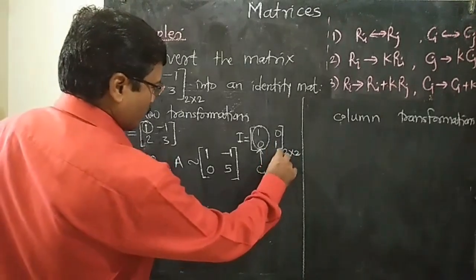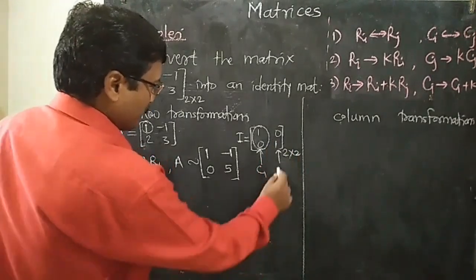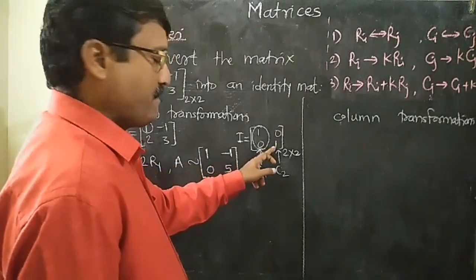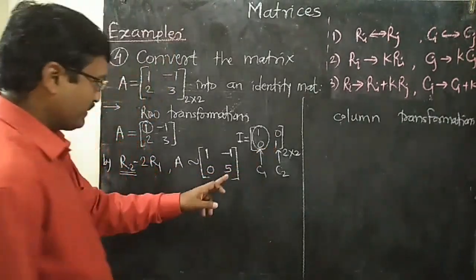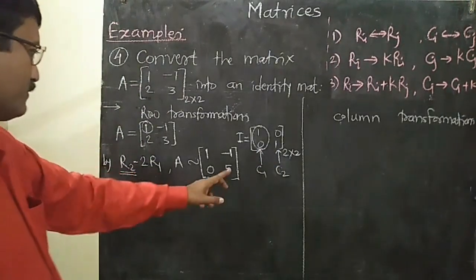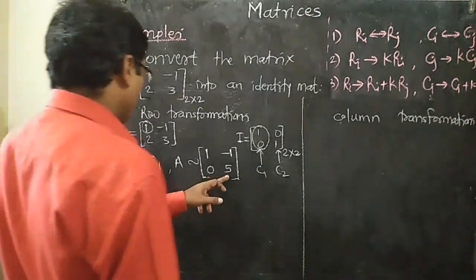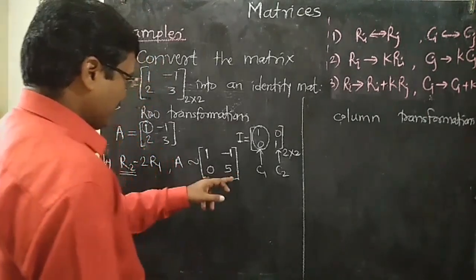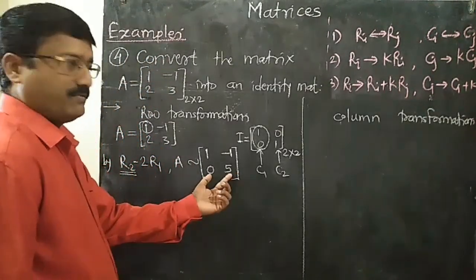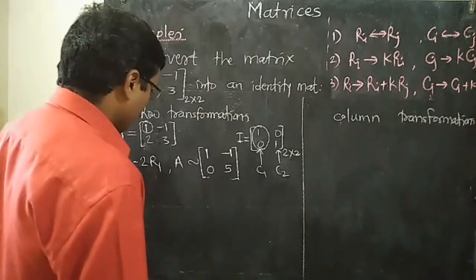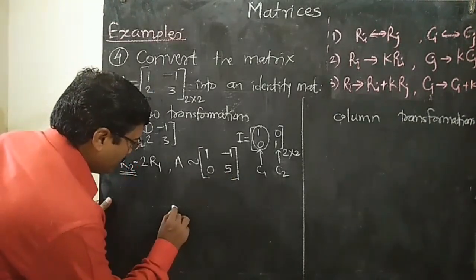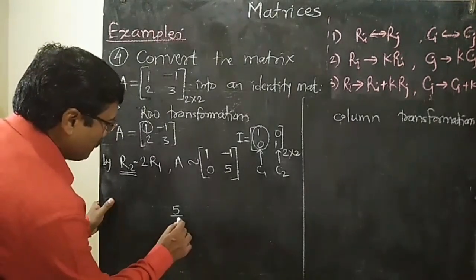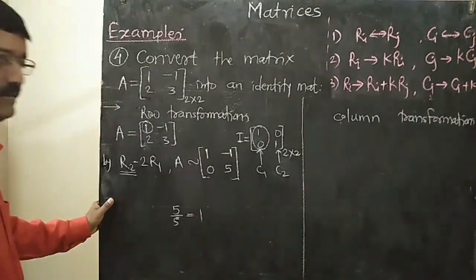Now we will go towards the second column. In this second column, we want 1 at this last position. But here we have 5 now. We have to convert this 5 into 1. So we can multiply this second row by 1/5 because we want 1 at the position of 5. If we divide 5 by 5, we get the answer 1.